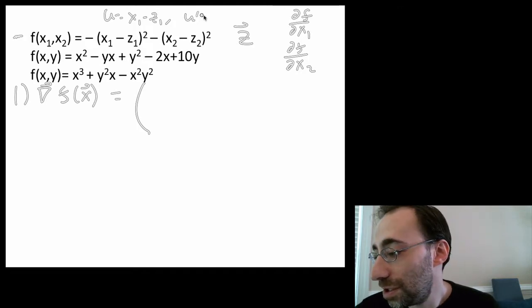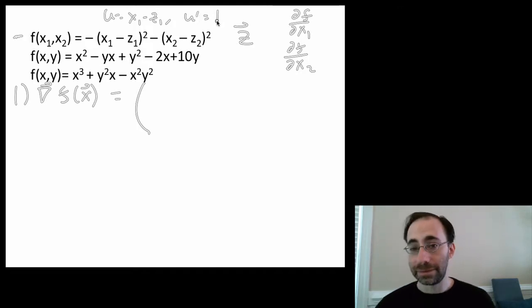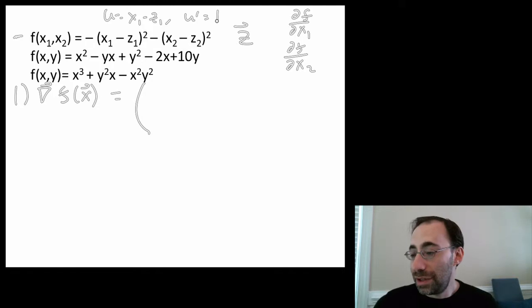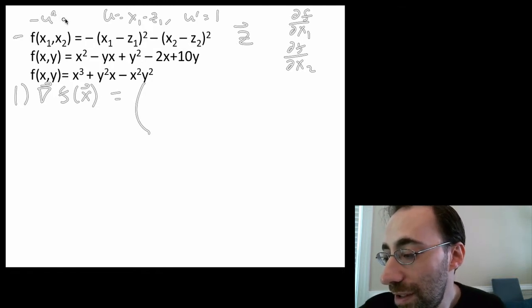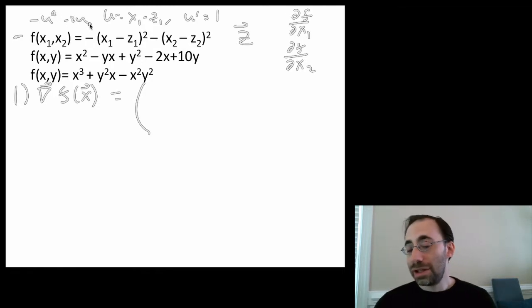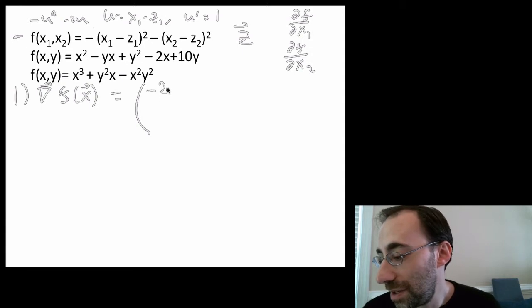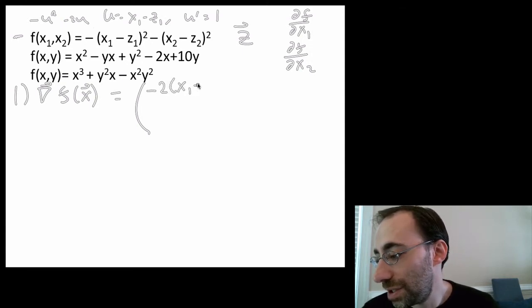U prime here is just 1. du/dx1 is just 1. So nothing to multiply, and the derivative of negative u squared is just negative 2u. So the derivative here in the upshot is just going to be negative 2u, which is negative 2 times (x1 minus z1).